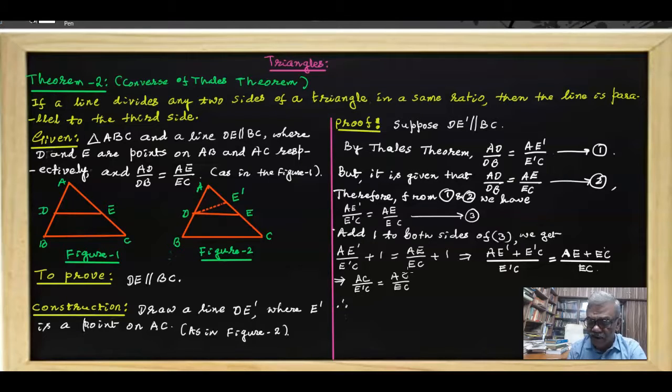Now you can see, cancel this. Because AC is in the numerator on both sides, we get 1 by E dash C is equal to 1 by EC, and this implies E dash C equals EC by reciprocation.